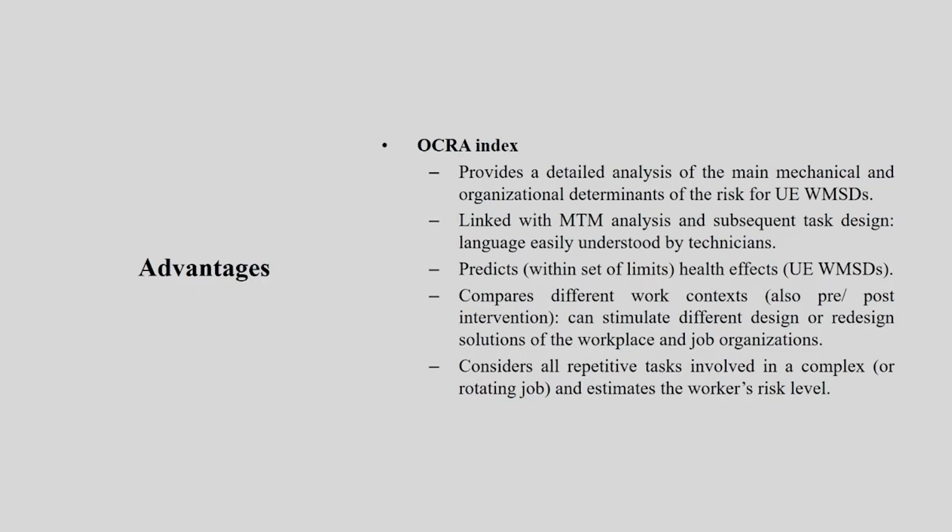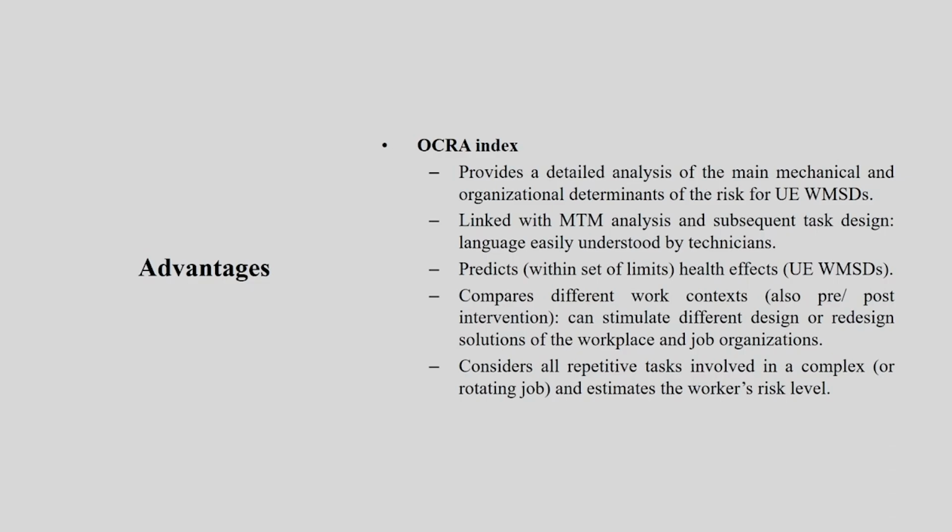Now let us understand the advantages of the OCRA index. This index provides a detailed analysis of the main mechanical and organizational determinants of the risk of upper extremity work-related musculoskeletal disorders, so both mechanical and organizational factors.